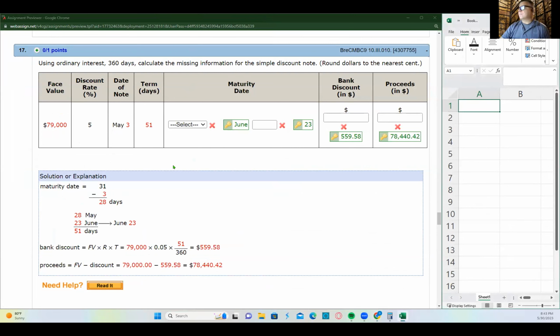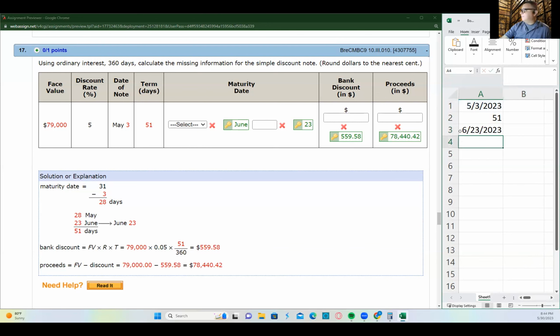With Excel, if you have the date of the note, which is May 3rd, we'll just use this year because I think they try to avoid leap years, and then the term of 51 days, if I add this date plus the 51 days, there we go.